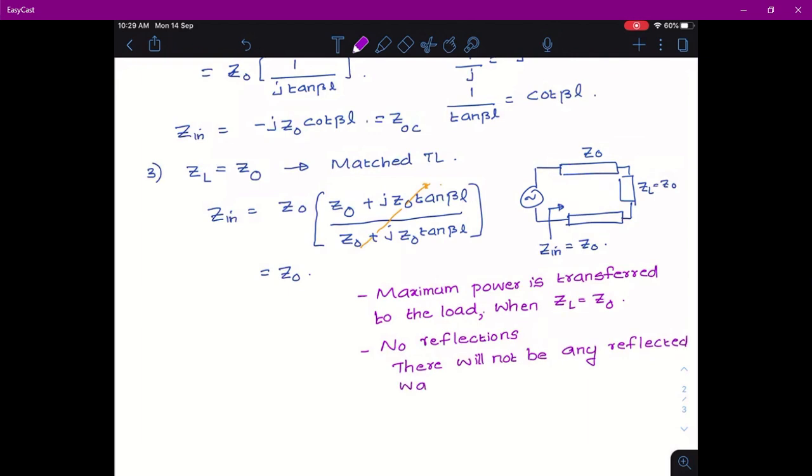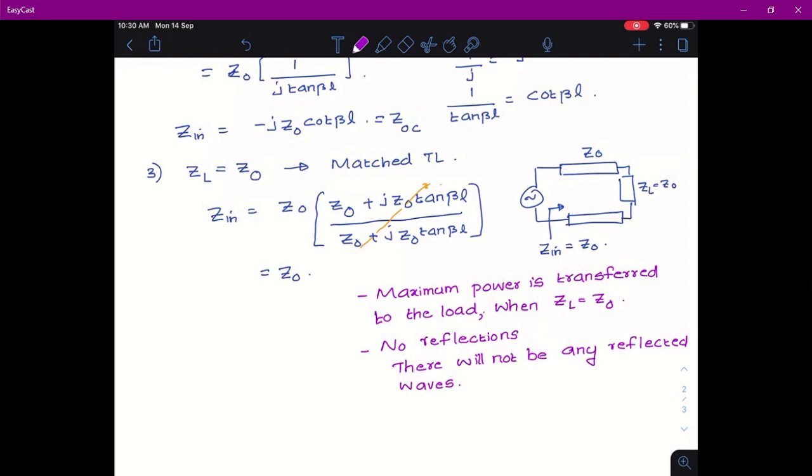We have seen that in the transmission line there will be a forward travelling wave and a backward travelling wave. The backward travelling wave is called a reflected wave. If it is a matched condition, then the complete power is transferred from generator to the load. There will not be any reflections from the load. We will also see numerically how it is possible.